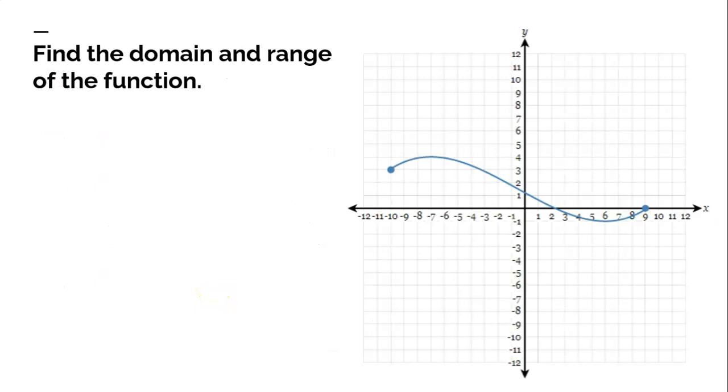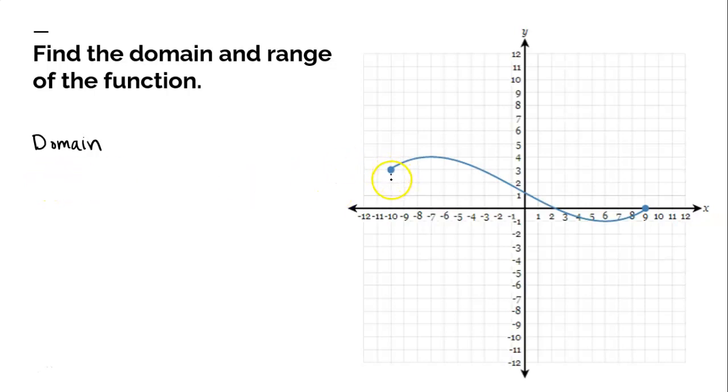It gets slightly more complicated though when we want to find the domain and range of something that looks like this. So we want to look at all the possible x values and all the possible y values of this graph. So if I want to do my domain, I could make a list of all my possible x values from smallest to largest.